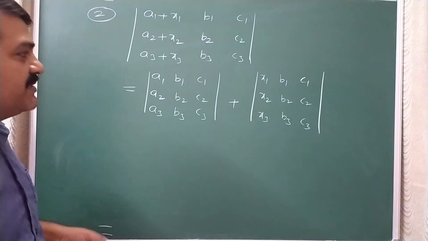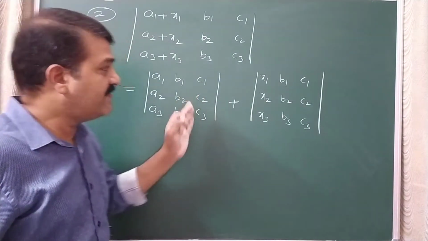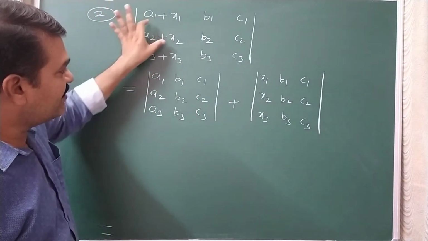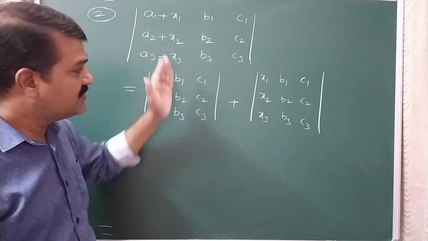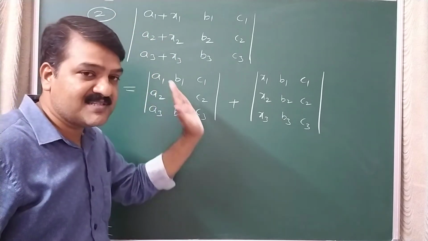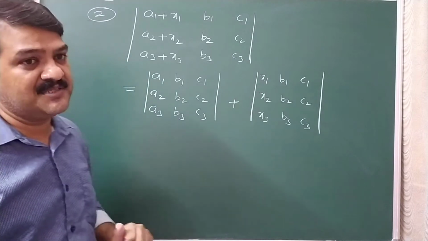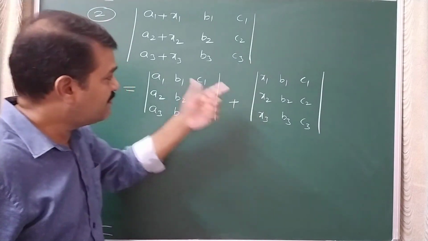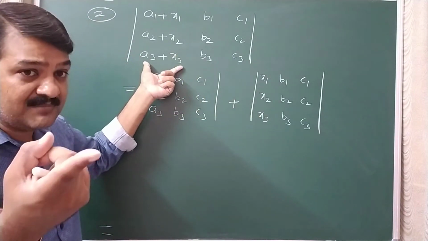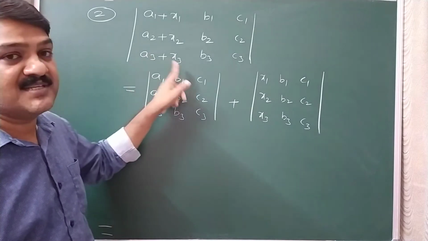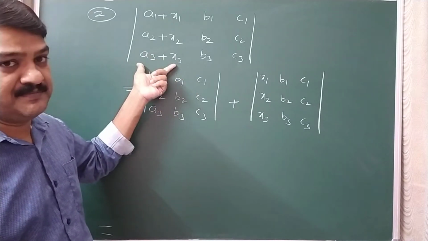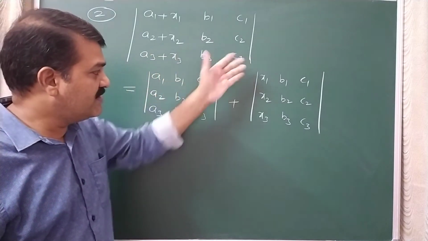So what is this property? Whenever you have any row or column with a sum of two numbers like this, the determinant can be expressed as a sum of two determinants, in which we split that row or column which has two numbers. We split only this one and keep the remaining two as they are.